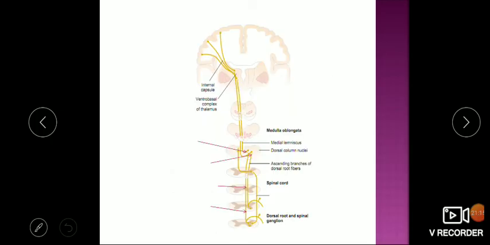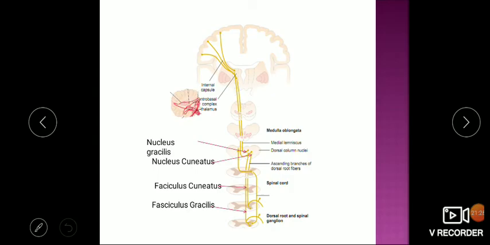This is again the dorsal column tract. Now the same nucleus gracilis, nucleus cuneatus, fasciculus gracilis, fasciculus cuneatus. Some of the fibers from here go to the cerebellum. Same, you can see fibers rising, going uncrossed up to the nucleus cuneatus. Now they are going to the cerebellum.